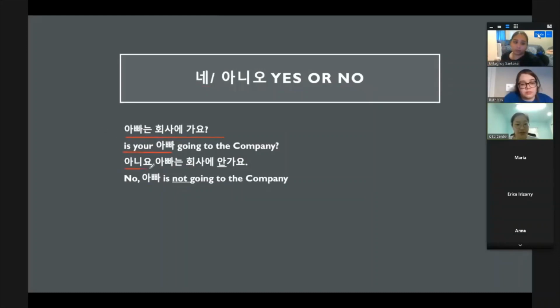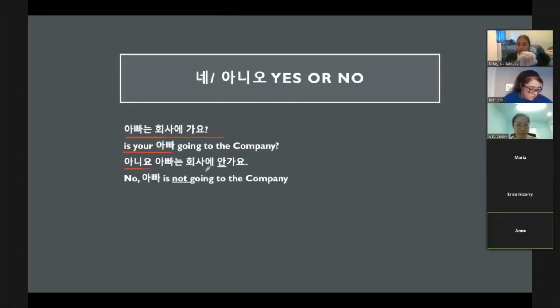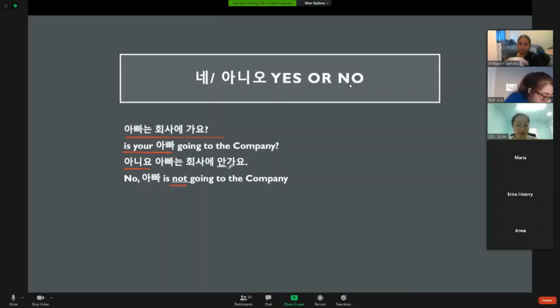I just wanted to mention when it's not the case, when your dad is not going to the company. So you will say 아니요. Doesn't really matter, they have the same meaning. So 아니요. 아빠는 회사에 안 가요. Whenever you have not, you just add 안.